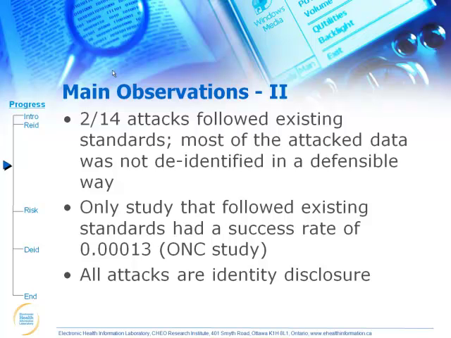It's never going to be 0, so you have to decide what's small enough, right? And 0.013% would be, by any measure, considered a very small risk. But that was the only study that was done on a properly, defensibly de-identified data set, and the success rate was low, and that was exactly as expected.